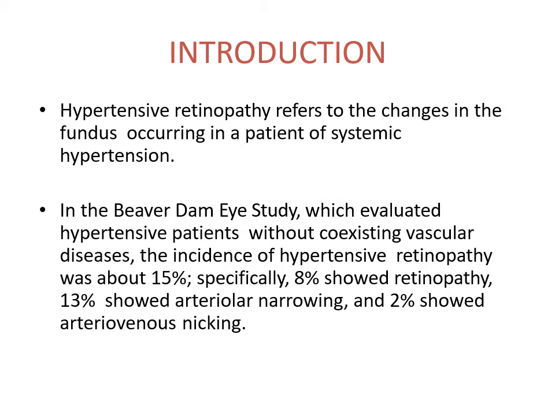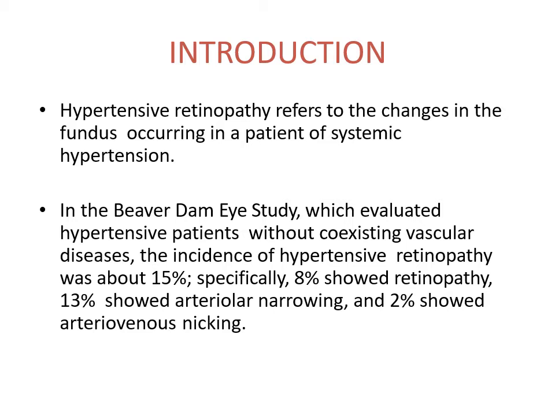So, what is hypertensive retinopathy? It refers to the changes in fundus occurring in a patient of systemic hypertension. It is always bilaterally symmetrical, and this is also a microvascular pathology like diabetic retinopathy. That is, it will affect the very small capillaries and vessels, but not the larger ones. It is caused by systemic hypertension, which can be acute or chronic in onset, due to increase in the systolic or the diastolic blood pressure, and it is usually an end organ disease manifestation.